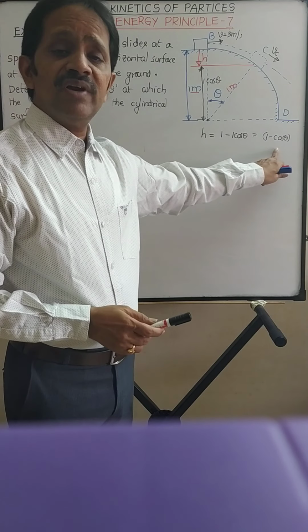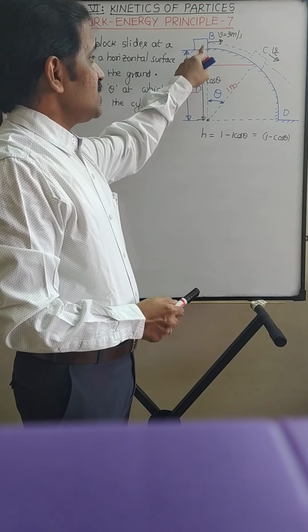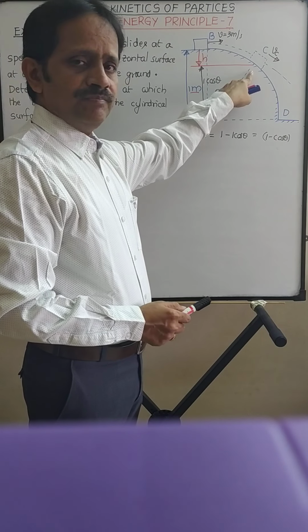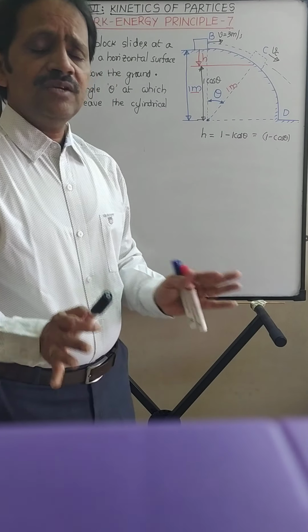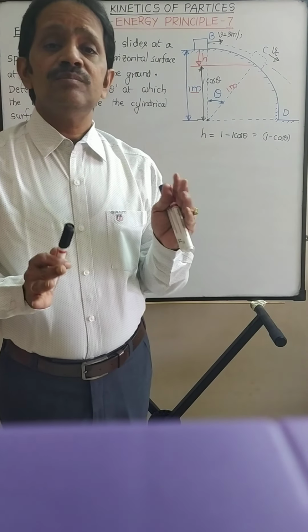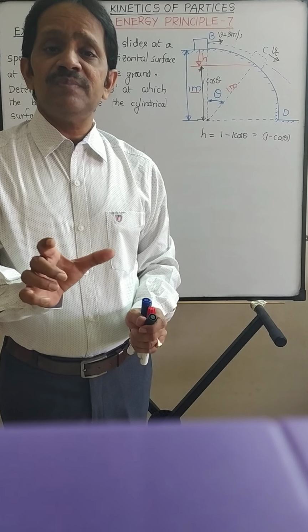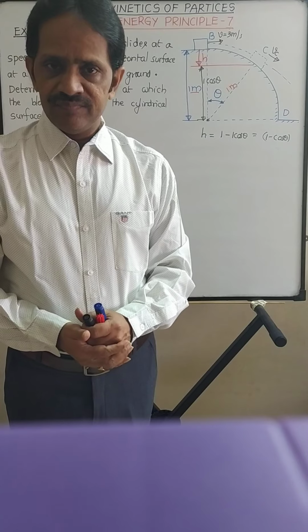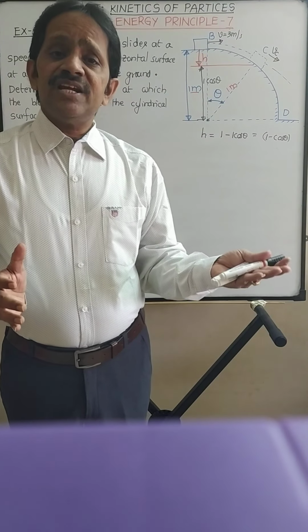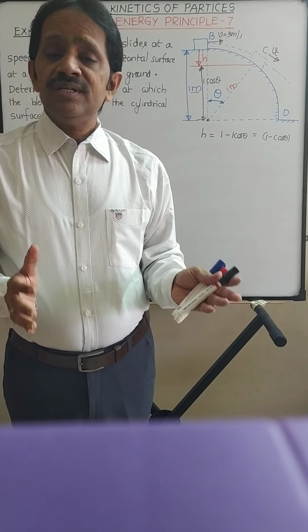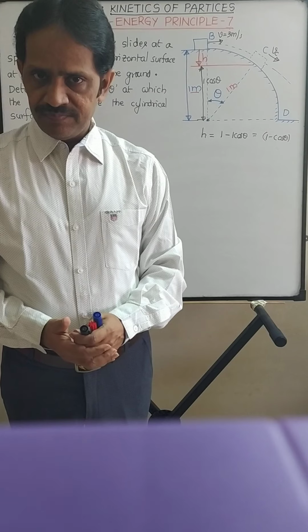So we need this vertical displacement. Now by applying work energy principle from B to C, you can find out the velocity at C. Generally work energy principle is most convenient to use when velocity and displacements are involved, right? If in the problem acceleration and displacements are involved, then it is better we go for Newton's second law of motion.